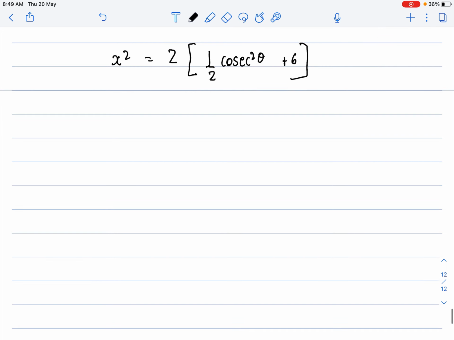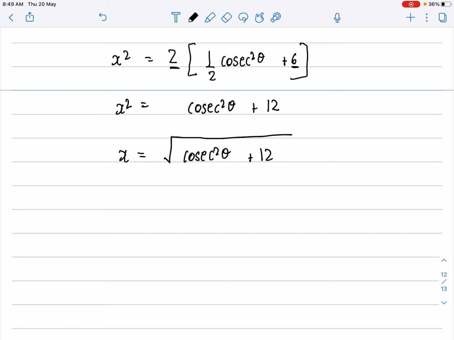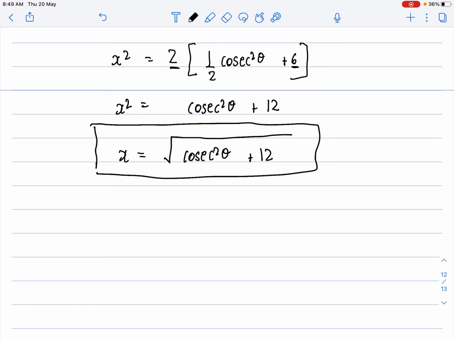Taking 2 inside, I get x square equals cosec square theta plus 2 into 6, which gives 12. So x equals the square root of cosec square theta plus 12, which is x in terms of theta, as asked.